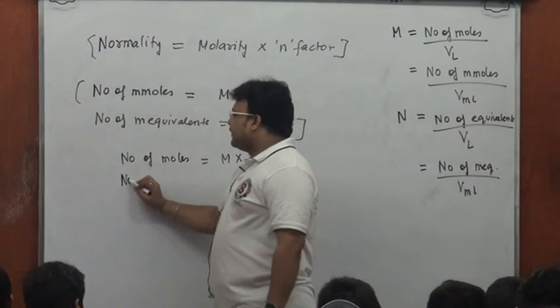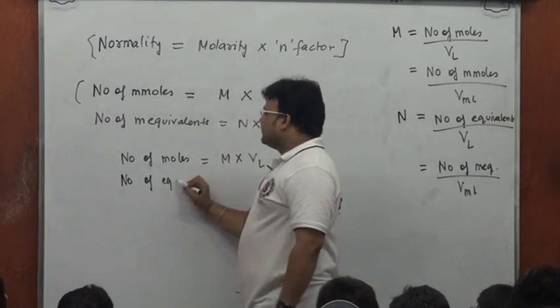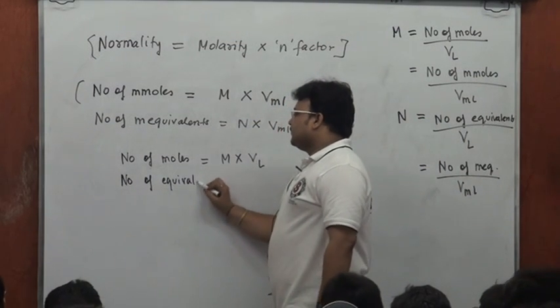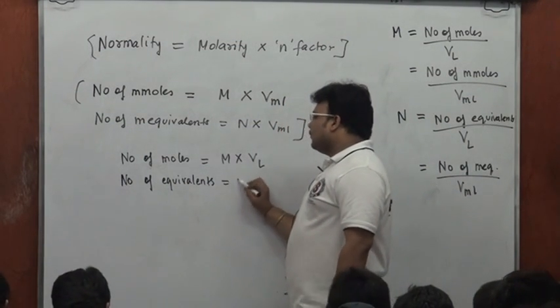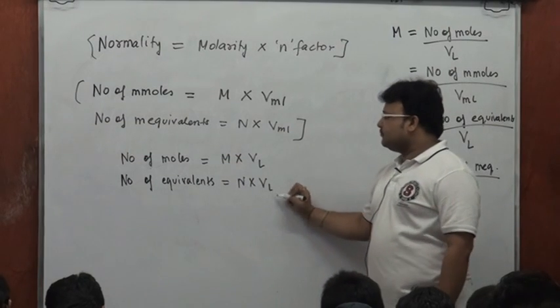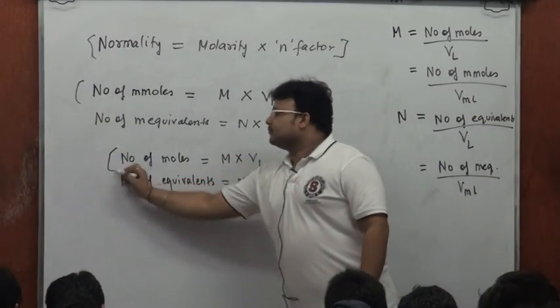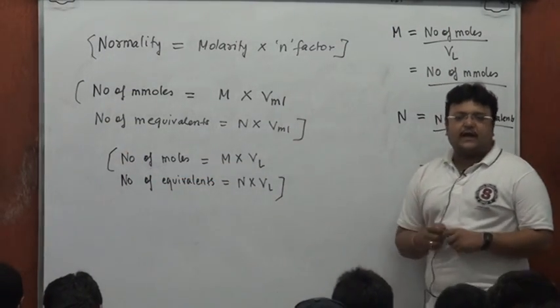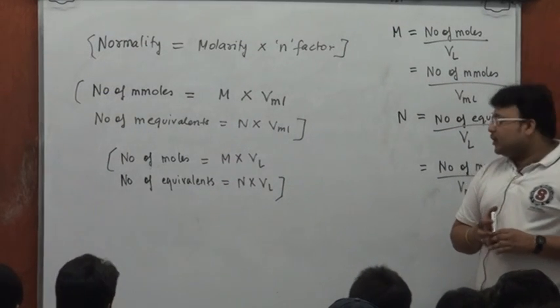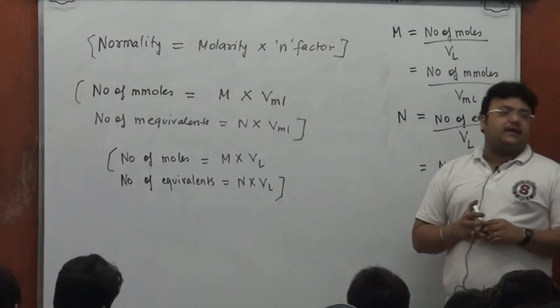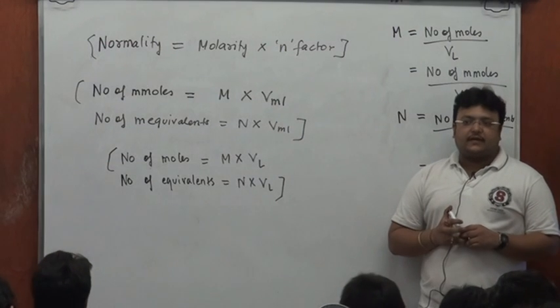Number of equivalents will be normality into volume in liters. Number of moles will be molarity into volume in liters. Number of equivalents will be normality into volume in liters. Alright.